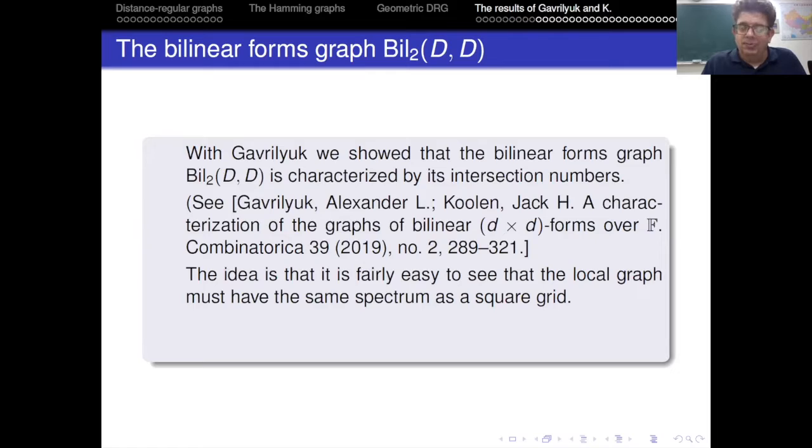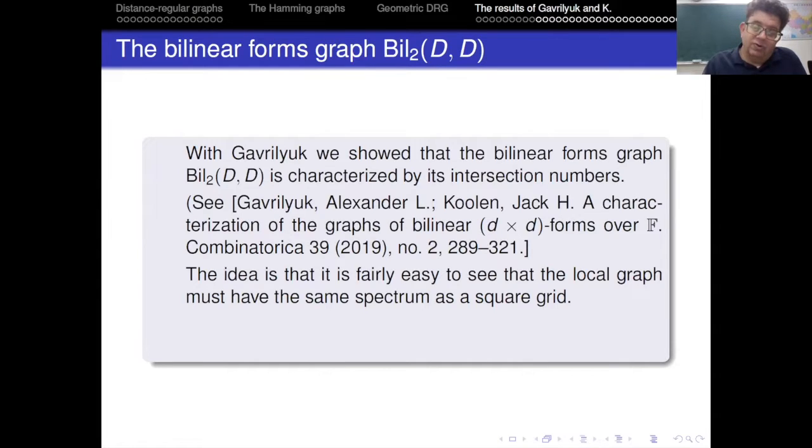It must be -3, -2, and -1. Once you have this, you can calculate the multiplicity of these 3 numbers. And then it turns out that -1 and -3 have multiplicity 0, and -2 has the rest. So then you get that it is a line graph, and then by looking at the numbers, you see that it must be the square grid, because it must be a strongly regular graph.